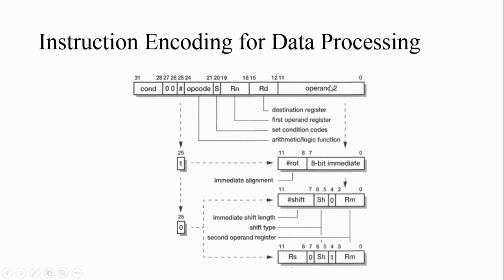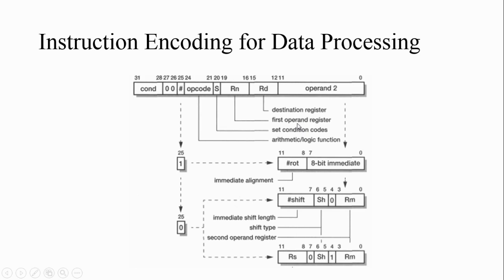So anyway, in the data processing instruction, you are going to perform an operation on the first operand register and the immediate value, or you are performing the operation on first operand register and second operand register. Here you should keep in mind bit number 16 to 19 is used for representing the first operand register.